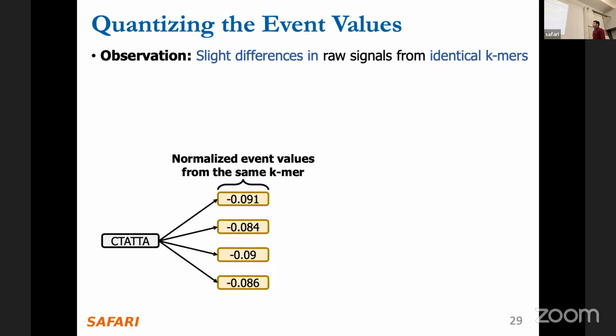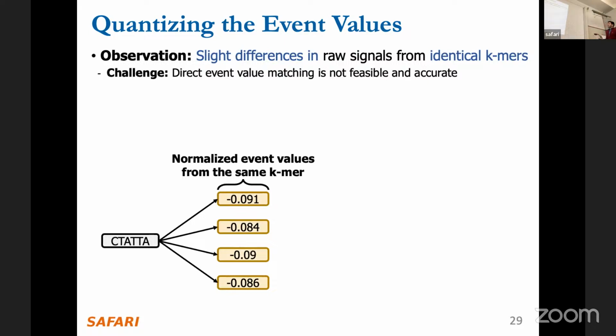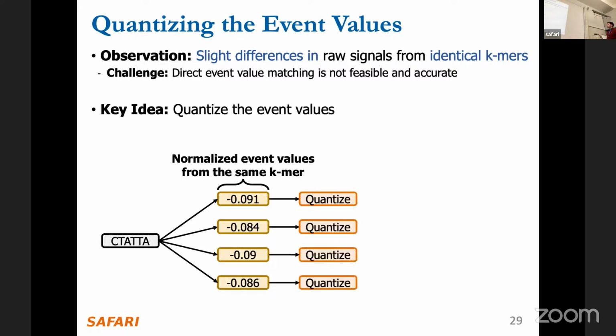These values are not necessarily exactly matching, but it is expected that these normalized values will be close to each other. Given this observation, one challenge is that we cannot simply match these normalized values to each other, because there will be variation. So we need to somehow remove this variation effect.